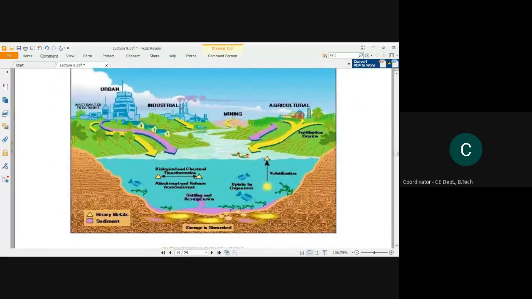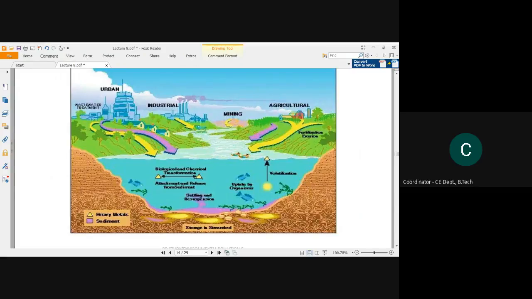Okay, see, this is a diagram. The toxic metals can be induced from urban areas, wastewater treatment, industrial exposure, mining exposure, and agricultural residual. From the agricultural residual, it does not itself create such toxic metals, but where does this toxic metal come from?